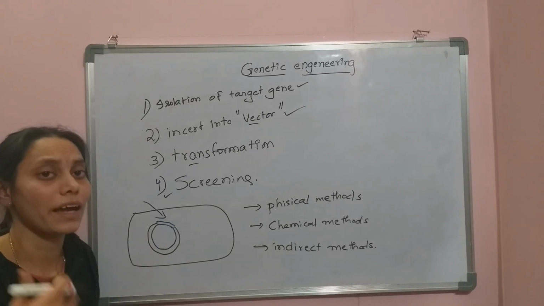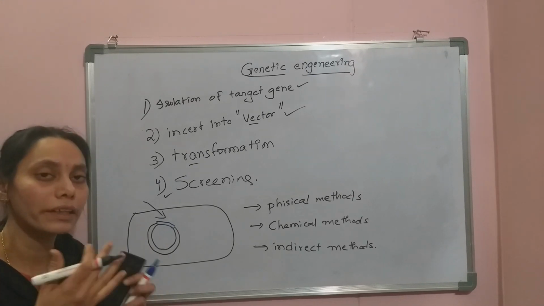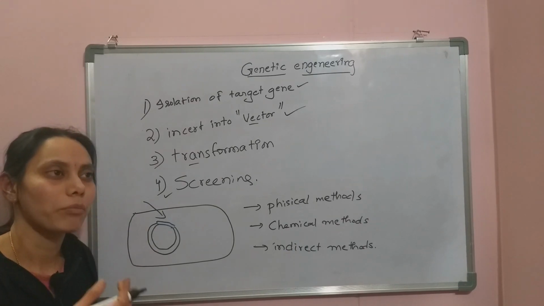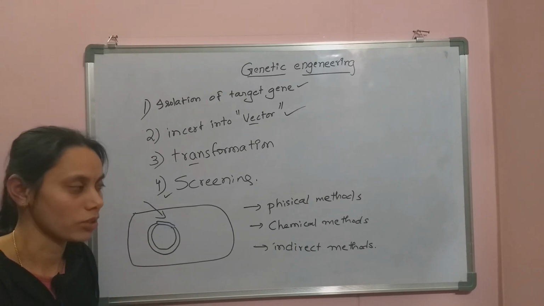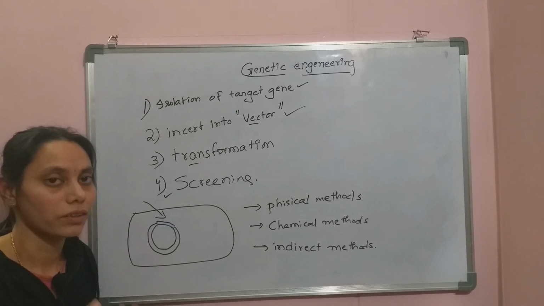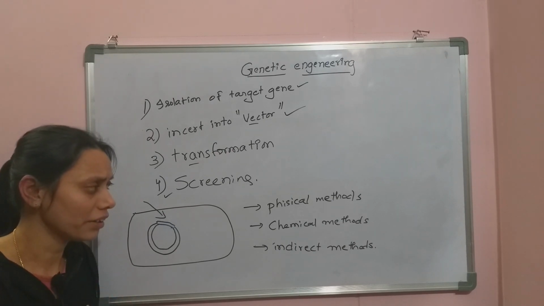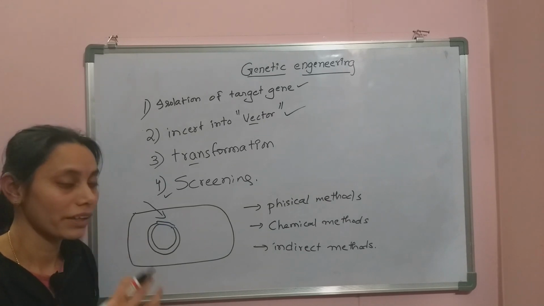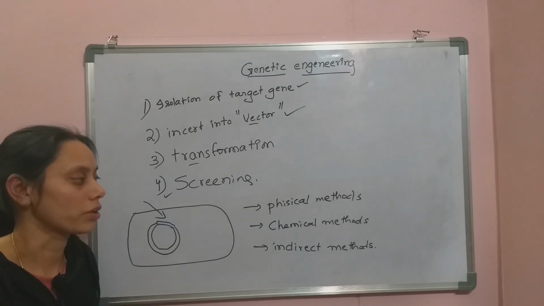So it can start accepting the foreign DNA molecule in the culture dish. There are many physical methods like microinjection, electroporation and shotgun method. And these physical methods physically make the bacteria accept the foreign gene.